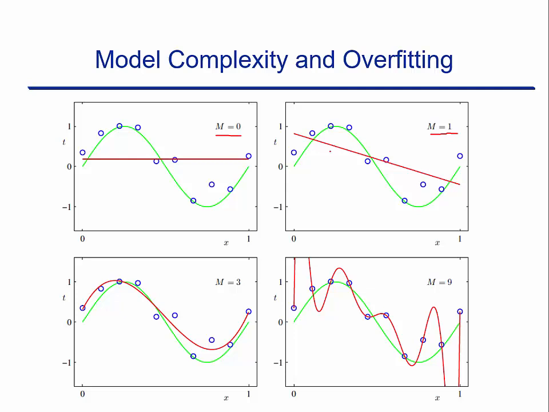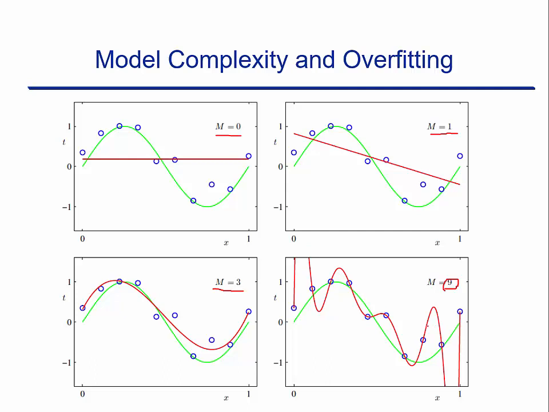Obviously, they are not very good approximations of the green curve. And if we look at M equals 3, the red curve is our approximation. It looks much better. But if we further increase the order of the polynomial to 9, the red curve, or our approximation, looks very strange.